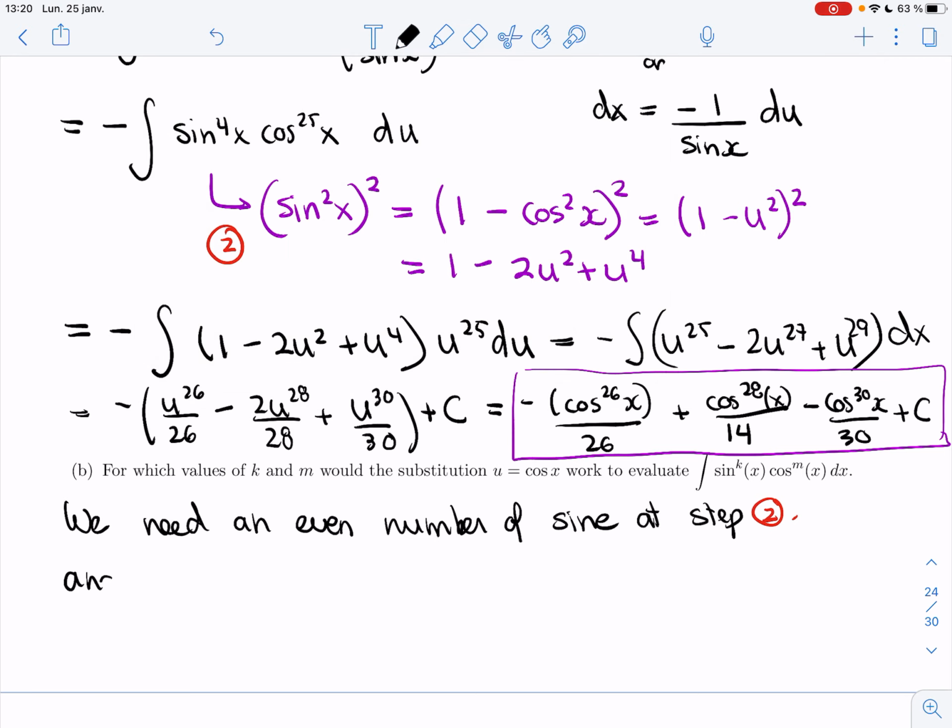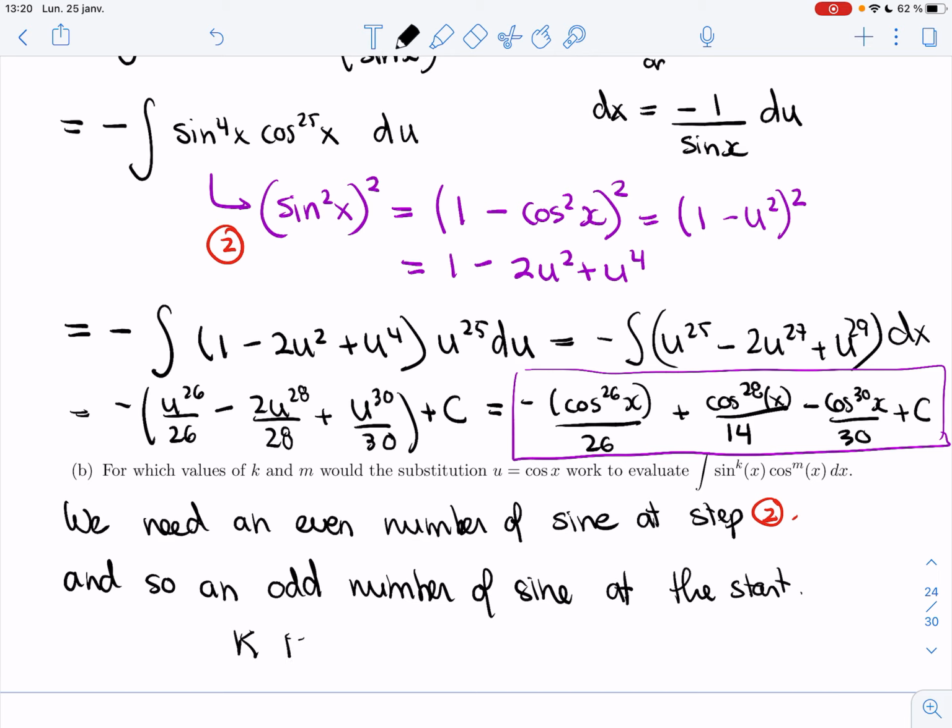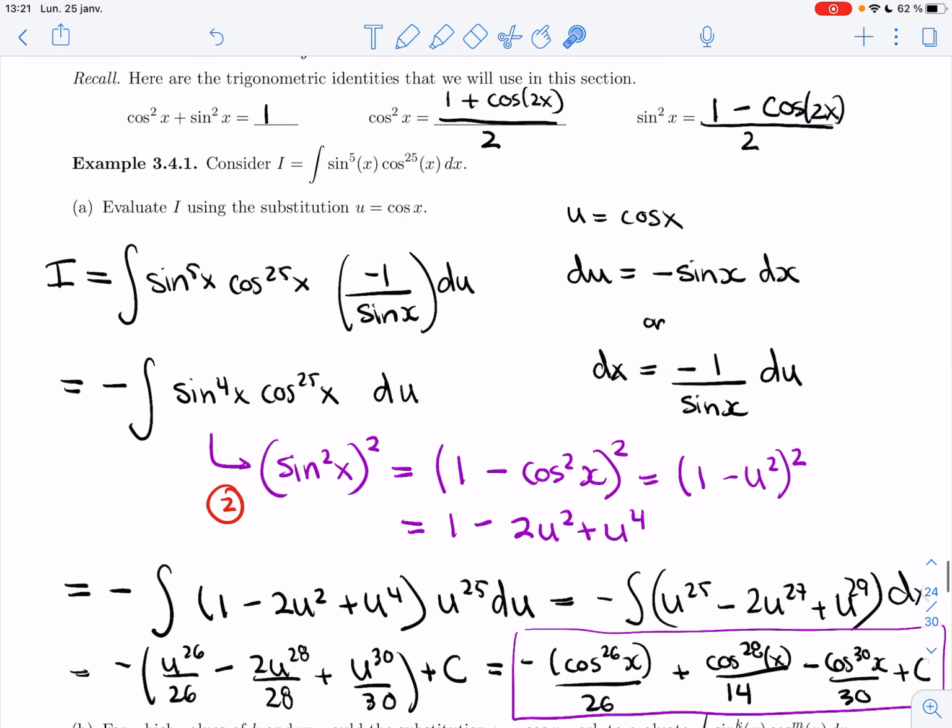And so an odd number of sines at the start. And so we need k to be odd. All right, so if k is odd, then this substitution would work.